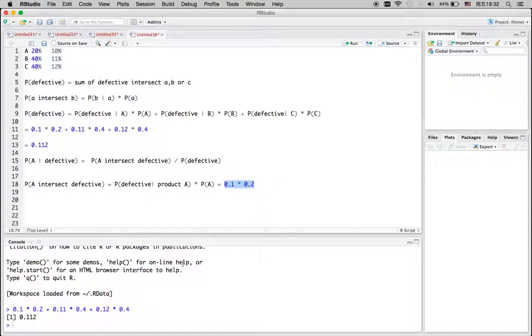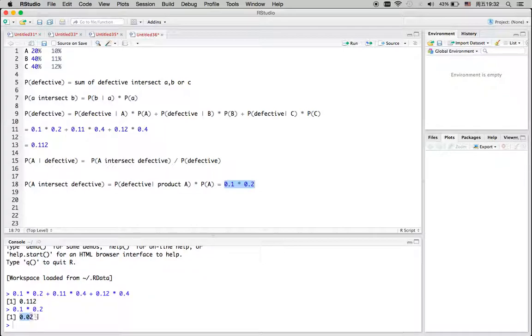So this will be the probability of product A intersect that this product is defective, which is our numerator here for the probability that we want to calculate. So now we can calculate this one here.